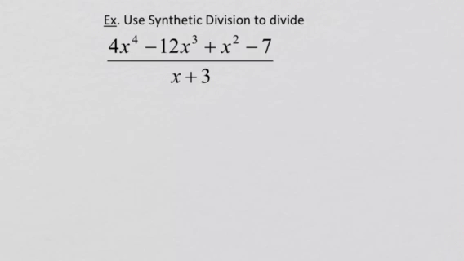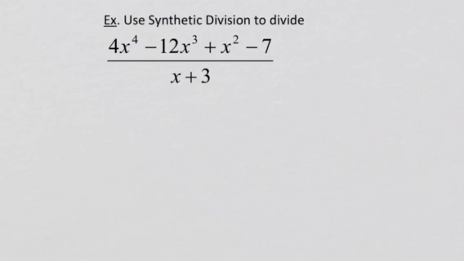The question says to use synthetic division to divide. Looking at the problem, we have in the numerator 4x to the 4th power minus 12x cubed plus x squared minus 7. Notice in the numerator we have a power of 4, 3, 2. We're missing a power of 1, and then we have the constant negative 7.